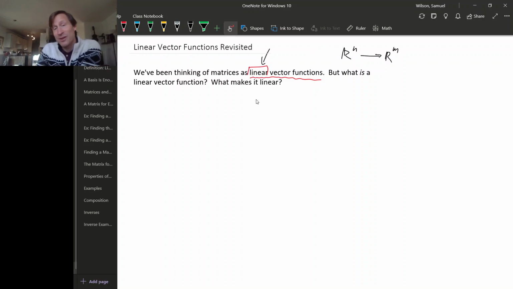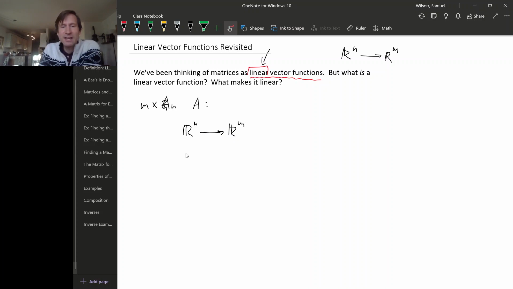Let's come at it from the point of view of matrices. So we defined, if we have an m by n matrix A, a linear vector function from Rn to Rm in this way.